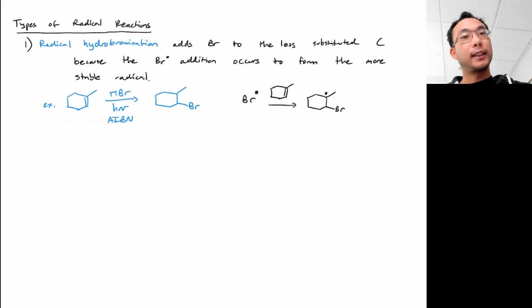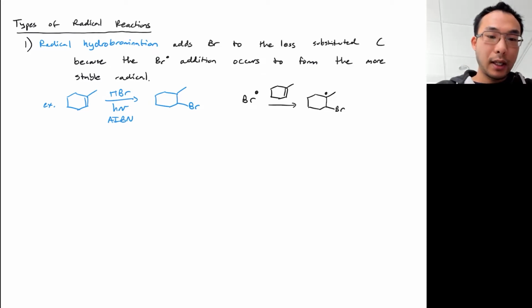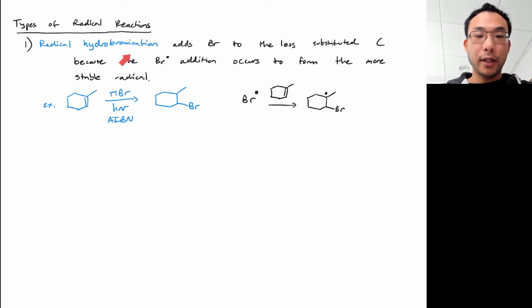Now that we have those mechanistic steps in mind, let's look at some different types of free radical reactions and what they do specifically. So the one we just looked at was radical hydrobromination, and as I alluded to, this reaction adds the bromine to the less substituted carbon, so kind of in this anti-Markovnikov way, and that's because we are trying to form the intermediate with the more stable free radical in it.